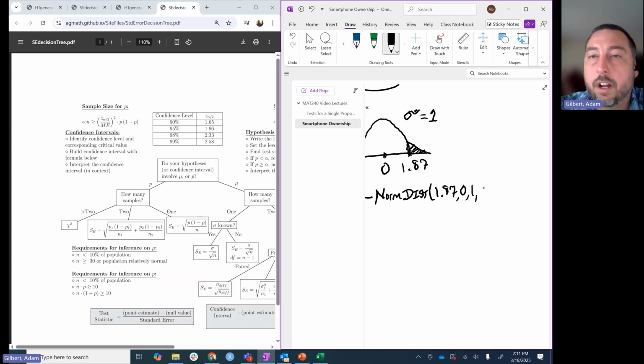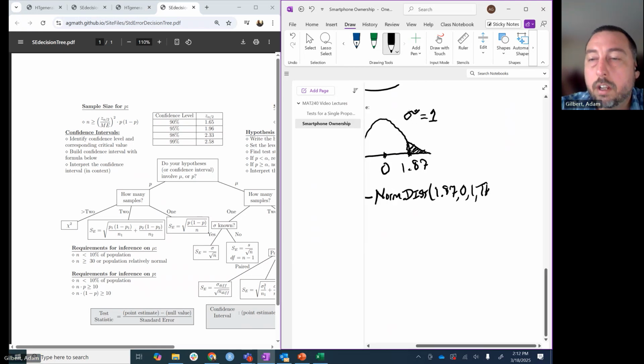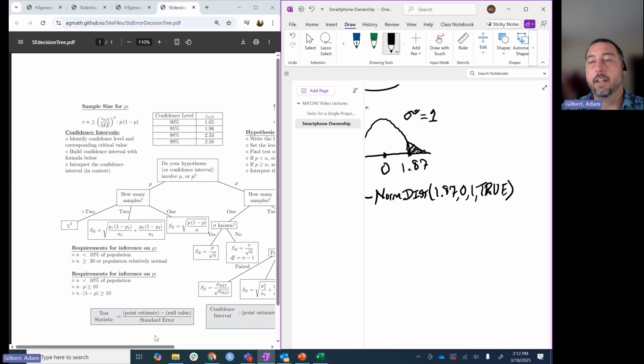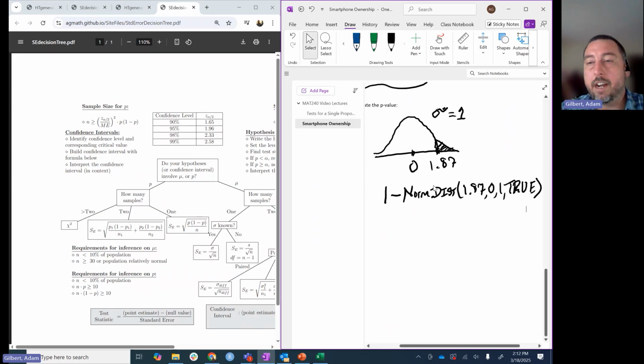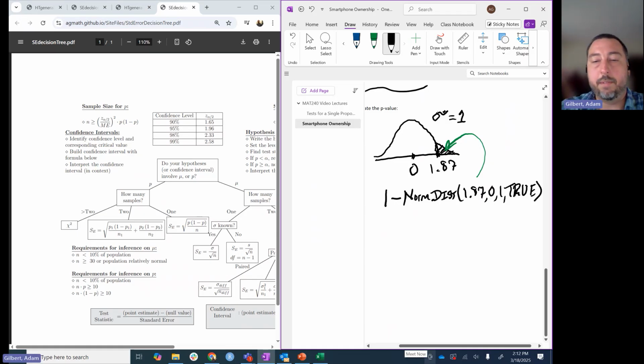So we'll never use false for those. And if we calculate that in Excel, we will end up getting this area there. So I'm going to head to Excel and I'm going to do that.